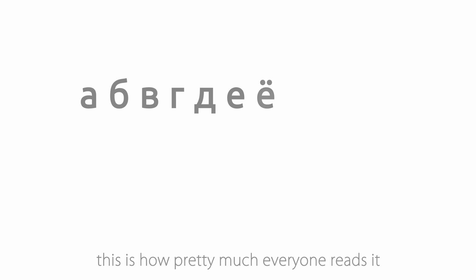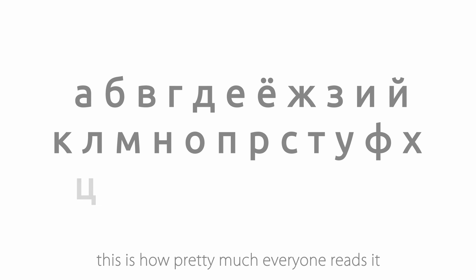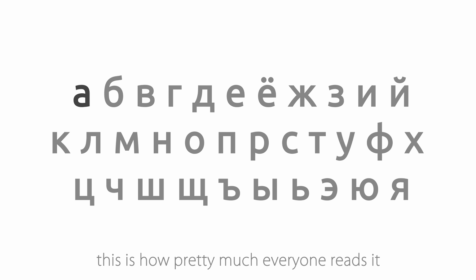Now I'm gonna read you the alphabet in two different ways. And we're done. А, Б, В, Г, Д, Е, Ё, Ж, З, И, и краткое, К, Л, М, Н, О, П, Р, С, Т, У, Ф, Х, Ц, Ч, Ш, Щ, твердый знак, Ы, мягкий знак, Э, Ю, Я.